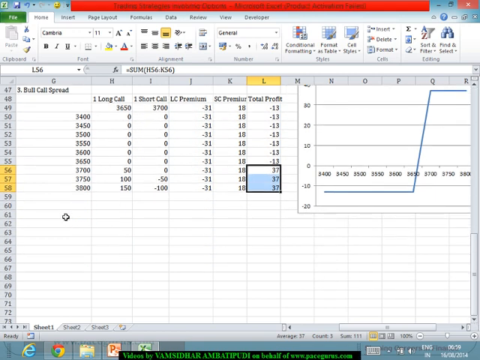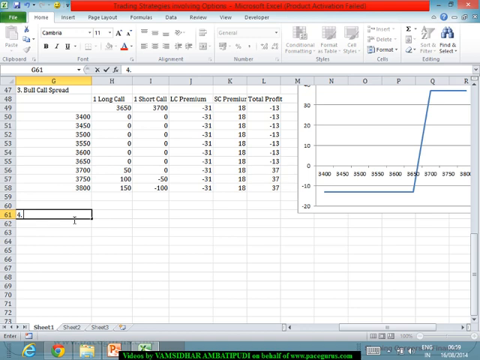Probably in the same logic, when I go for a bear call spread strategy, I'm talking about one long call but one short call. This time the long call position will be of a higher strike price.